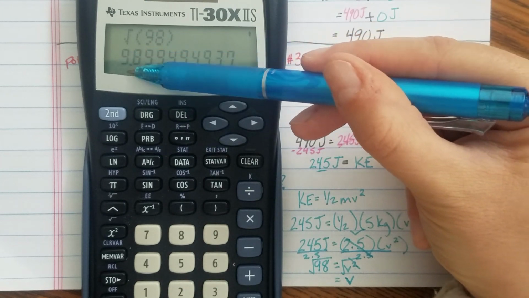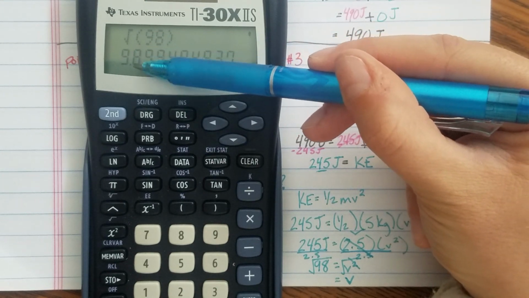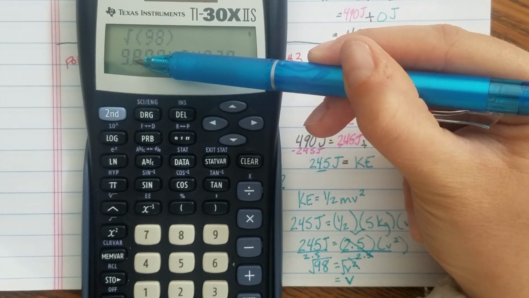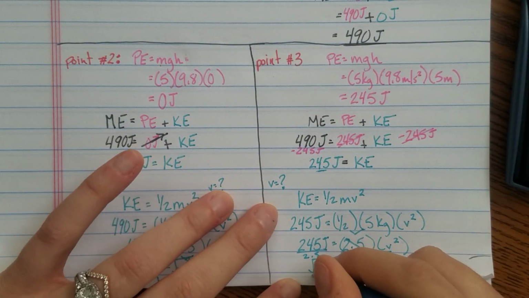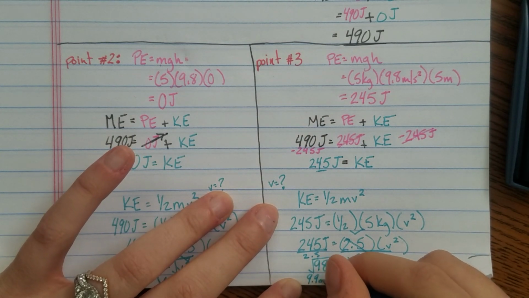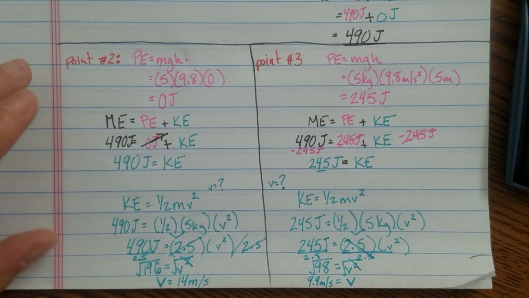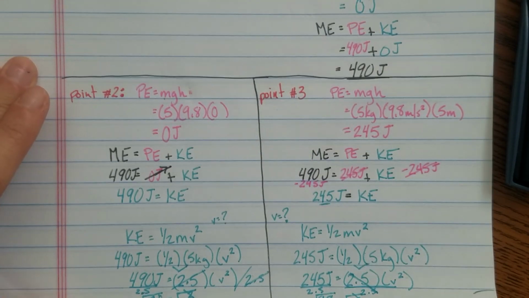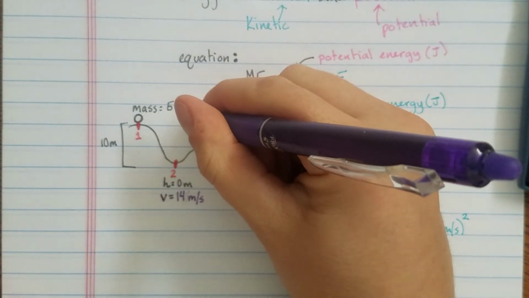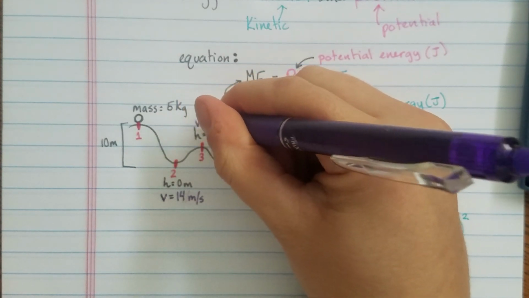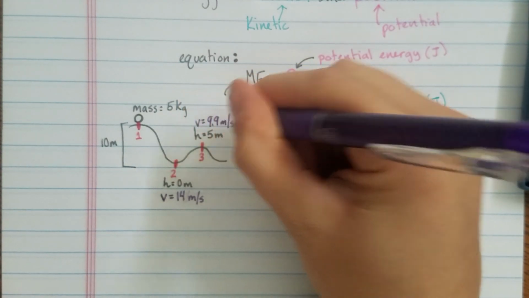So I would have 9 point, and then to round to here, 9 is going to make this round up. So I'm going to have 9.9 meters per second. So let's come back up here to the little diagram. The velocity here is 9.9 meters per second.